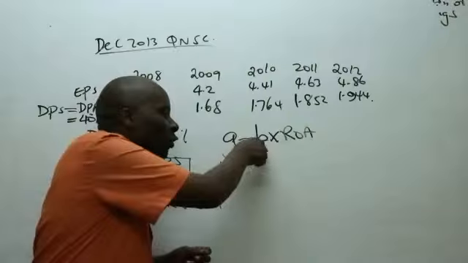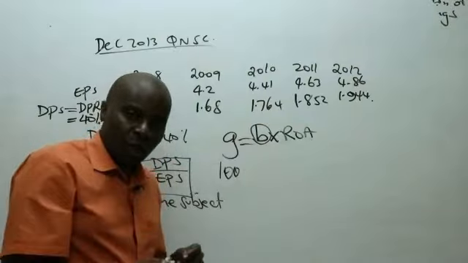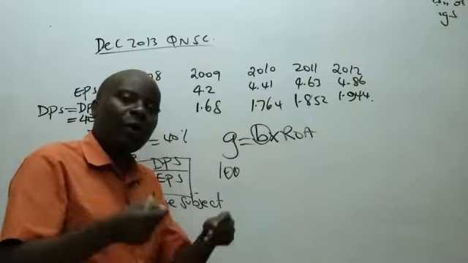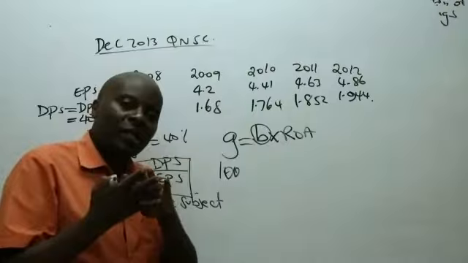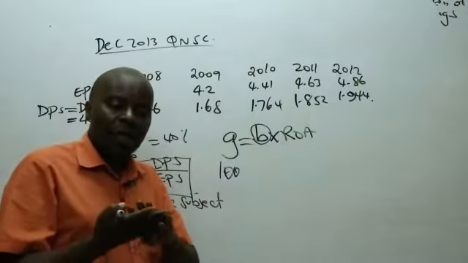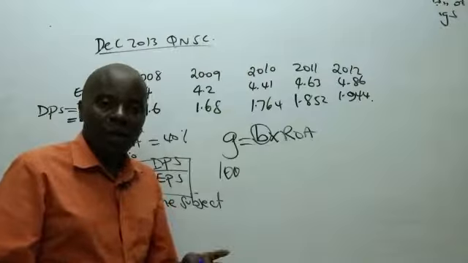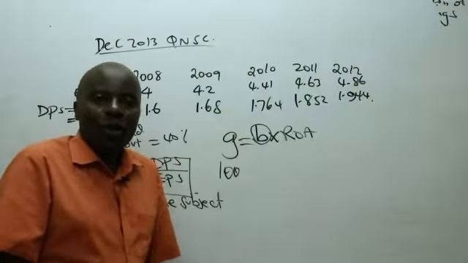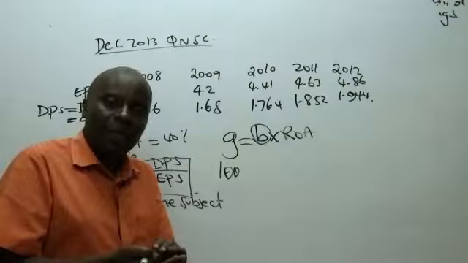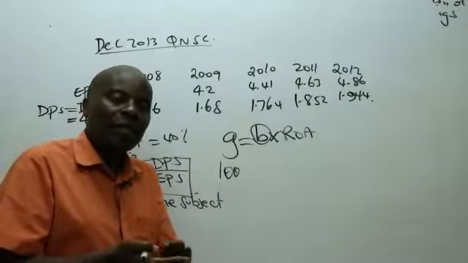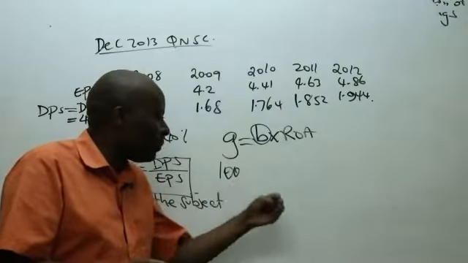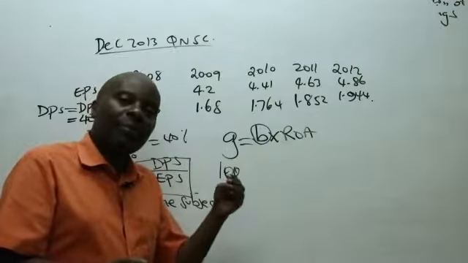That is why we talk of the retention ratio. What are you able to retain? And when you retain, don't go and hide that money in some room in your house. Then you will not grow. When you retain, you need to invest. Retain the earnings in assets that are productive.